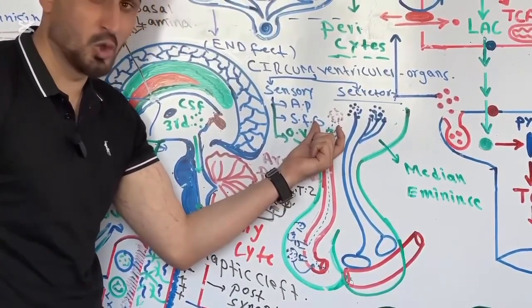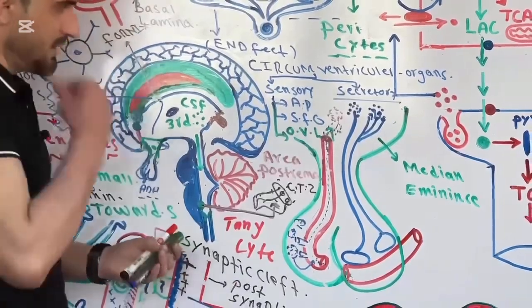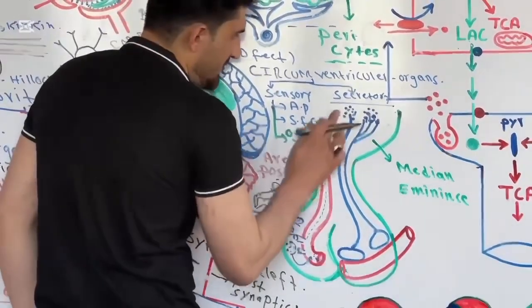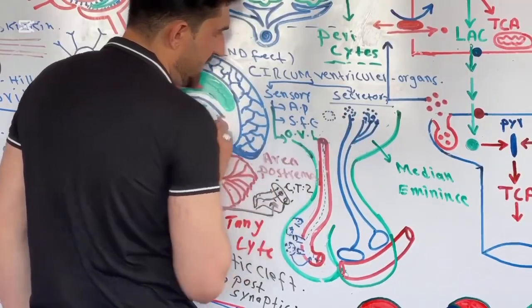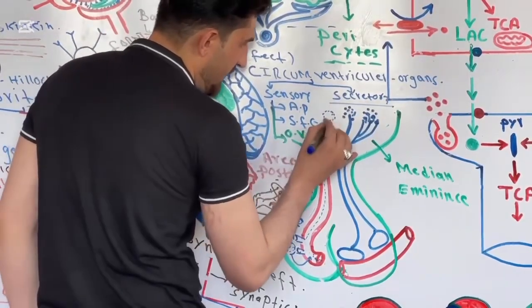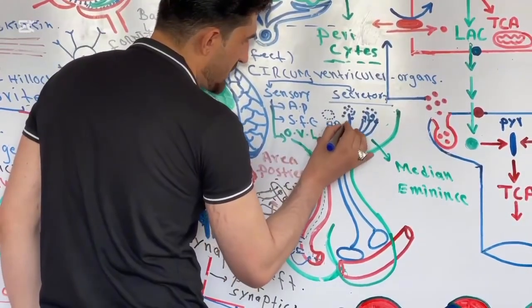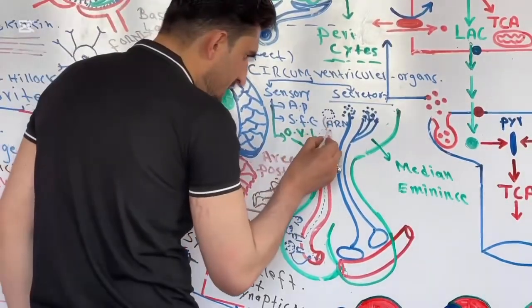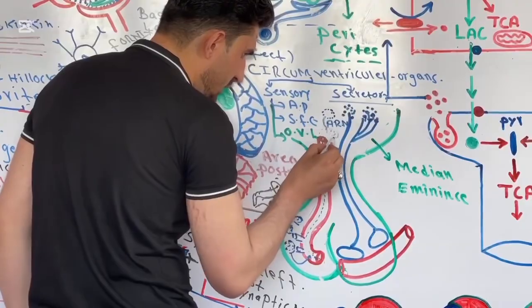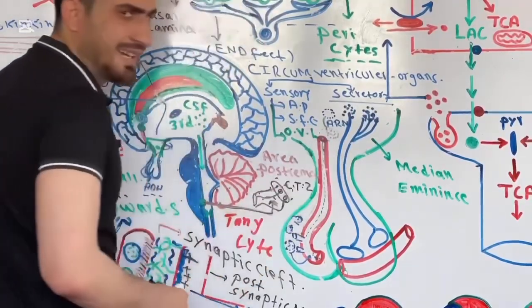For example, growth hormone releasing hormone. Let me give you an example. Here is a nucleus in the median eminence, called the arcuate nucleus. This arcuate nucleus releases a hormone called growth hormone releasing hormone.